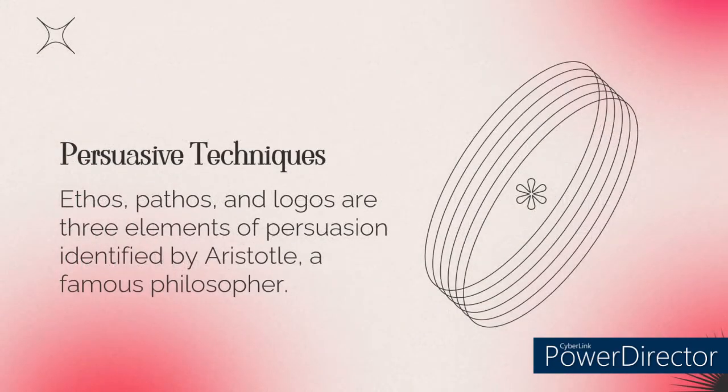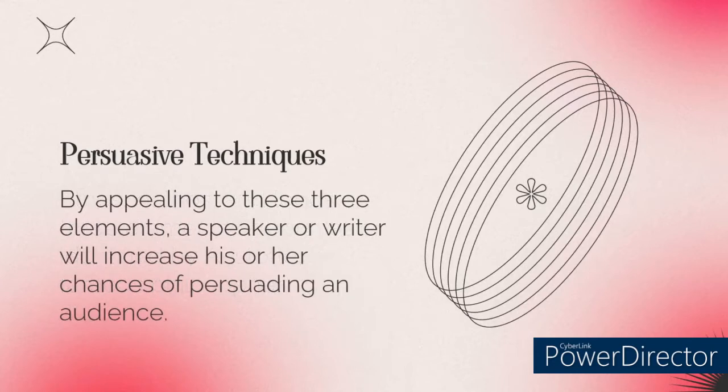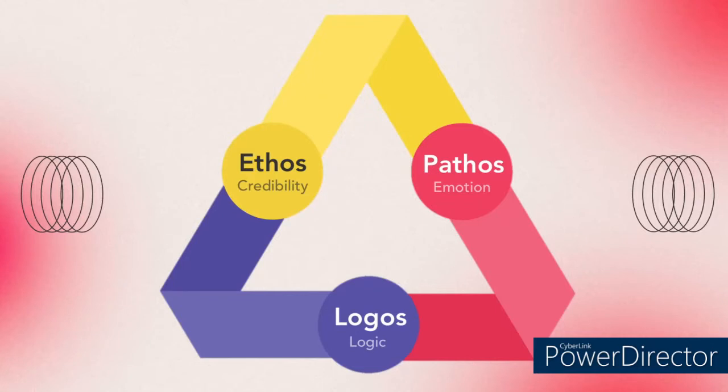Here are 3 elements of persuasion identified by Aristotle, a famous philosopher: ethos, pathos, and logos. By appealing to these 3 elements, a speaker or writer will increase his or her chances of persuading an audience.